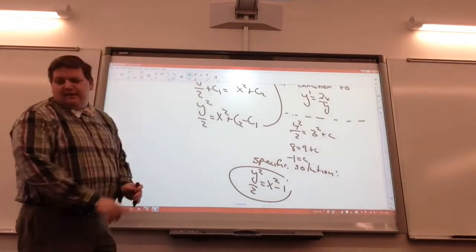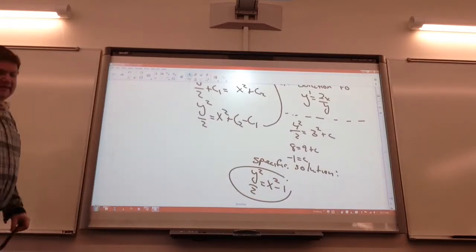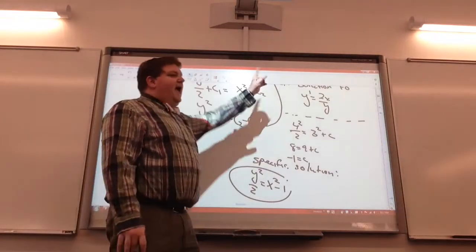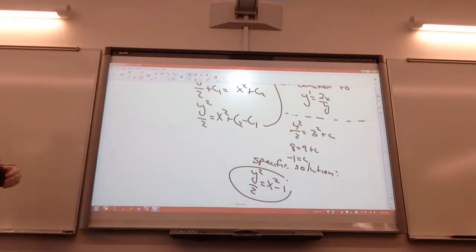Yeah. Okay, good. All right, so this is how you would solve a differential equation, okay? Any questions about that so far? All right, good. Notice what I did there, okay, was I had my x's and y's together on one side, and I moved them apart so all my x's are on one side and all my y's on the other.